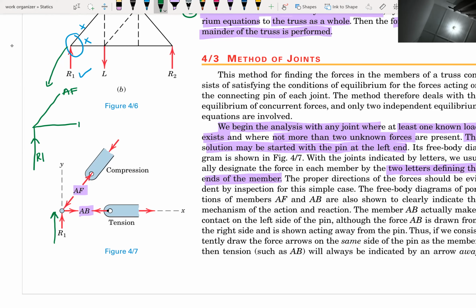So we look at R1. It is going upward, so the component should be downward, moving like this. Then there is another component in X going to the left, so this one should counter it by going to the right. So that's it.